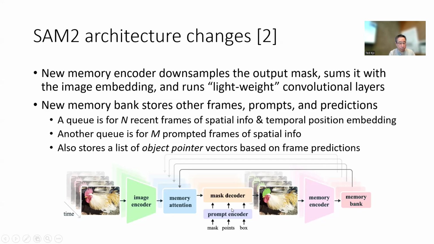Then you run your typical SAM1 decoding with the prompt information, and you get new mask information. So then you store this image and mask information in the memory bank so that future frames can reference it. And again, it's all still pretty lightweight. They made some other tweaks, so they said that now SAM2 runs about 6 times faster than SAM1. And that's basically the gist of it.